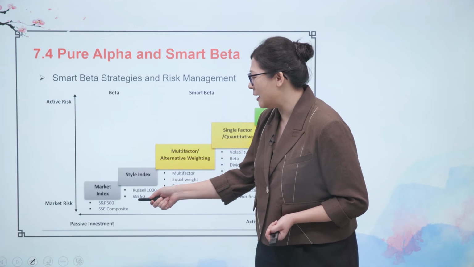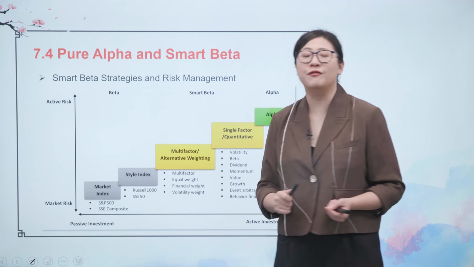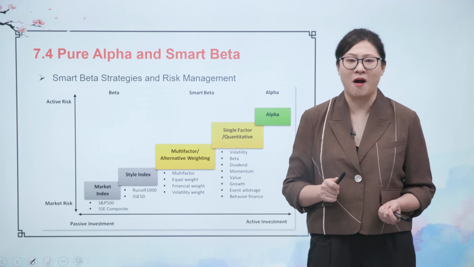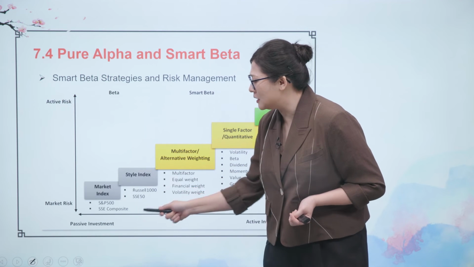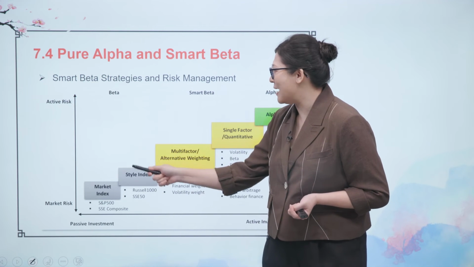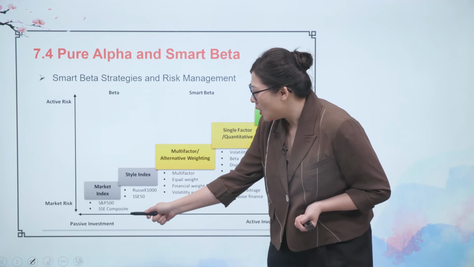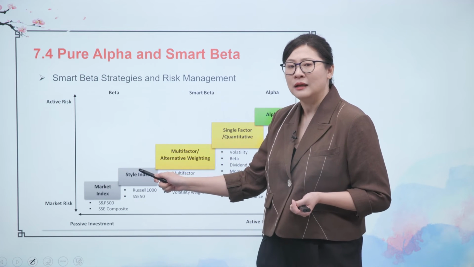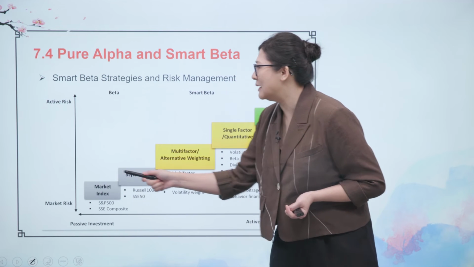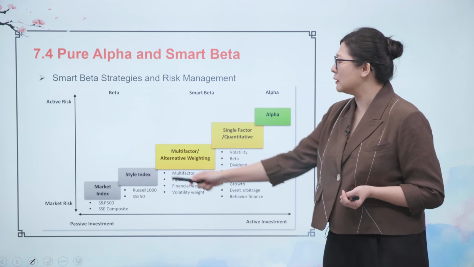We also have the SSE 50 in the Chinese market. These are style indexes, and it is still a beta strategy, nearly passive investment, experiencing the market risk.